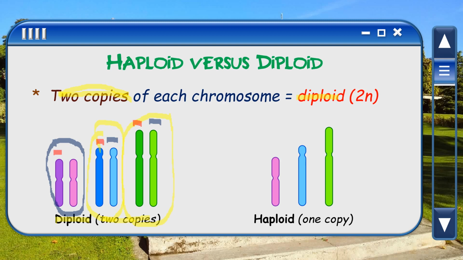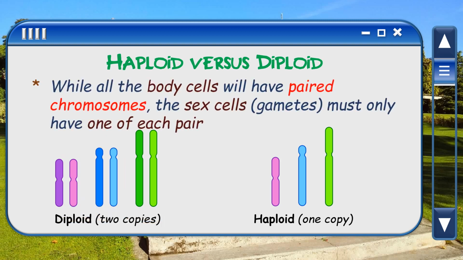Two copies of each chromosome. This can be chromosome 3, this one can be chromosome 21, this one can be chromosome 13, but all of them are in two copies. One copy comes from the father and another copy comes from the mother.